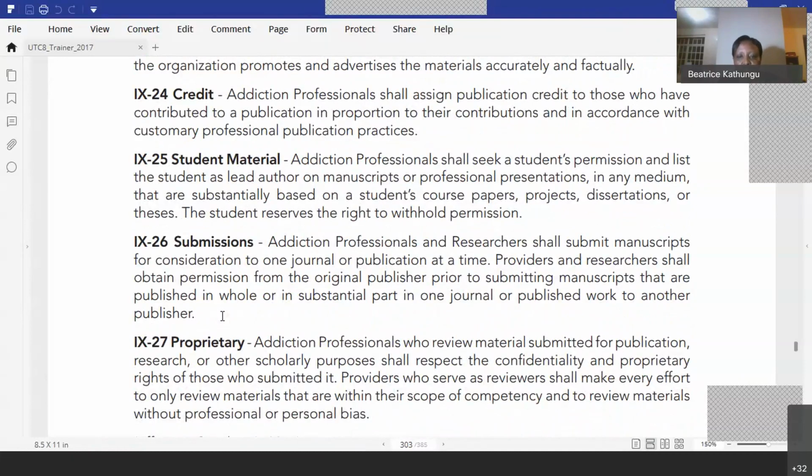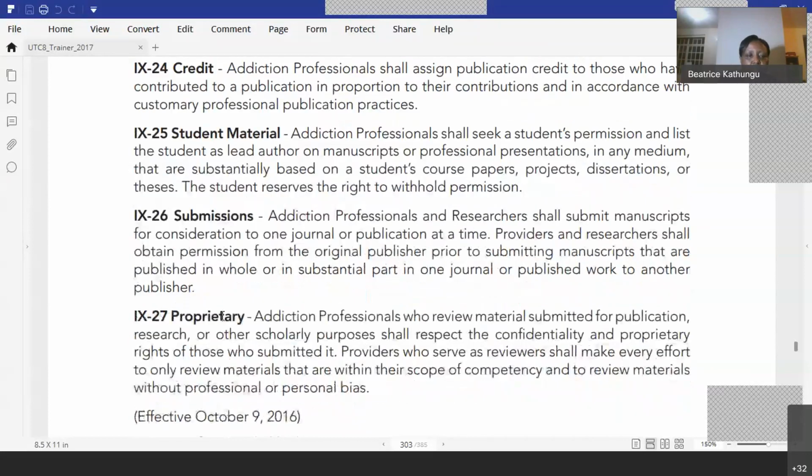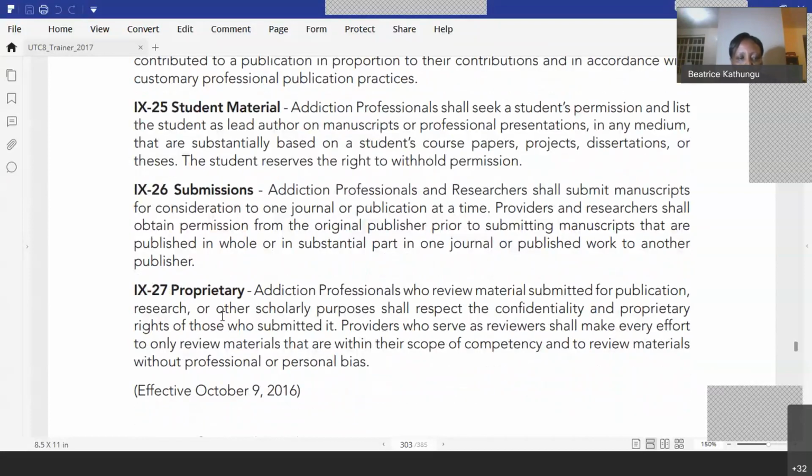And we are also told if we want to publish some article from some work that was already published, our own work, we need to ensure that we actually get some sort of permission from the original publisher before we can publish a similar work or another work in a different work. And finally, number 27 is about proprietary.